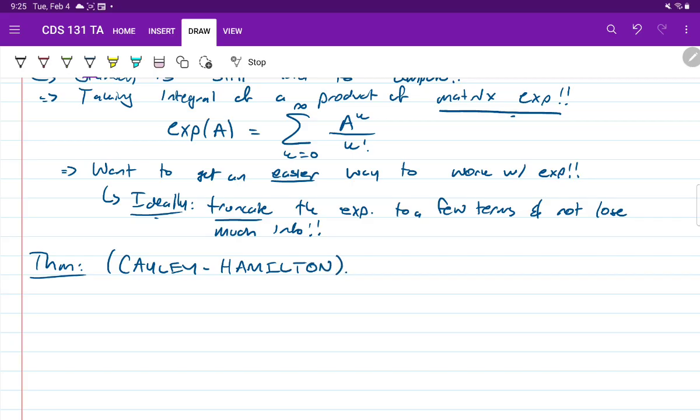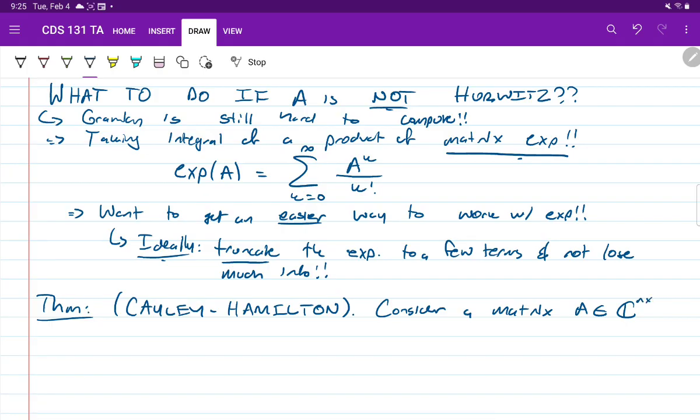What this theorem effectively says is that if I plug any matrix into its own characteristic polynomial, I get the zero matrix back out. All right? So let's state this precisely. Consider a matrix A, sure, we could take it as complex, C^{n×n}.